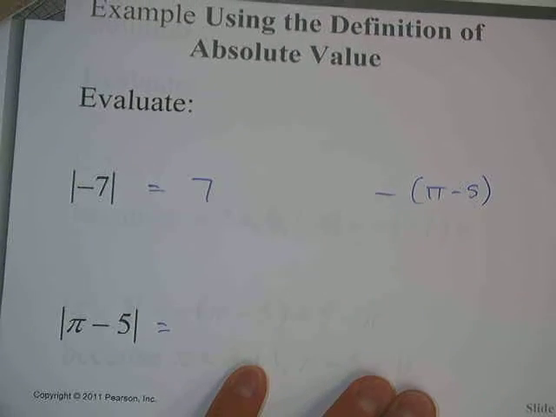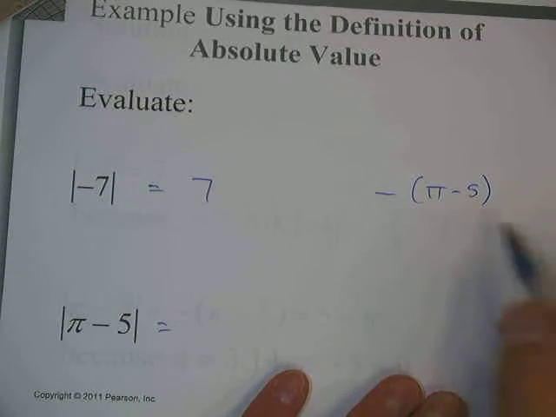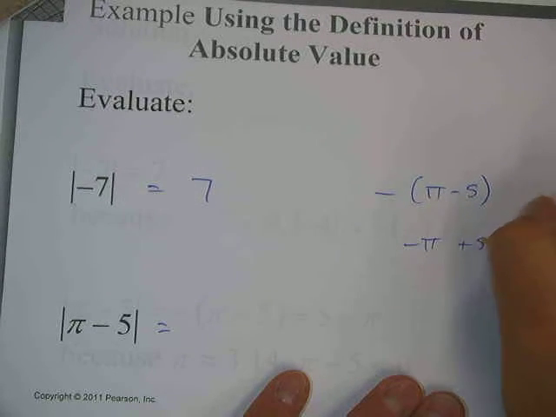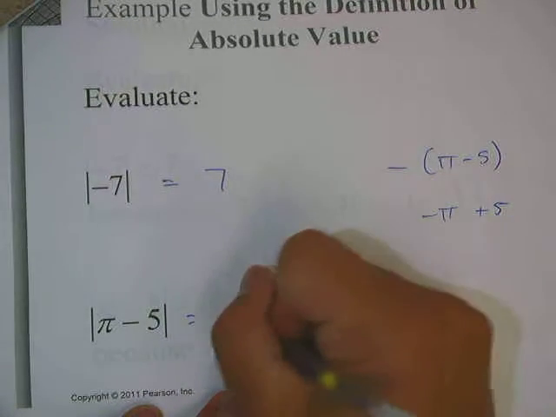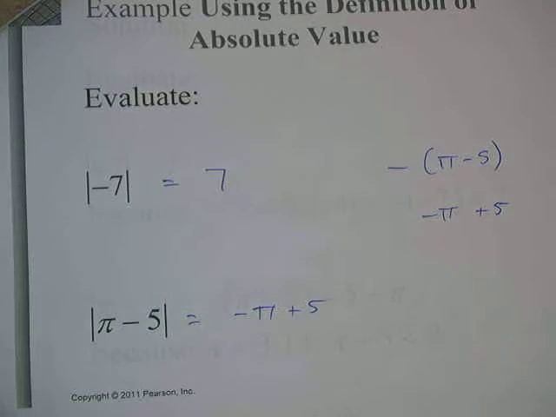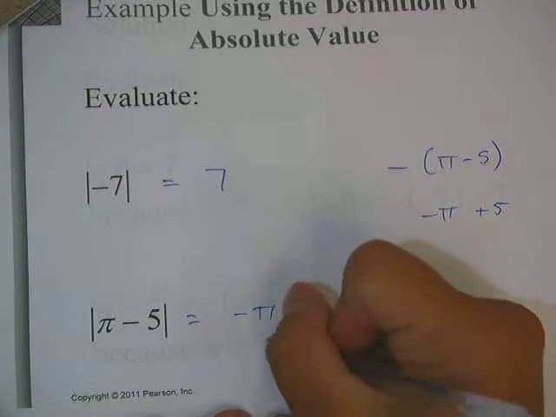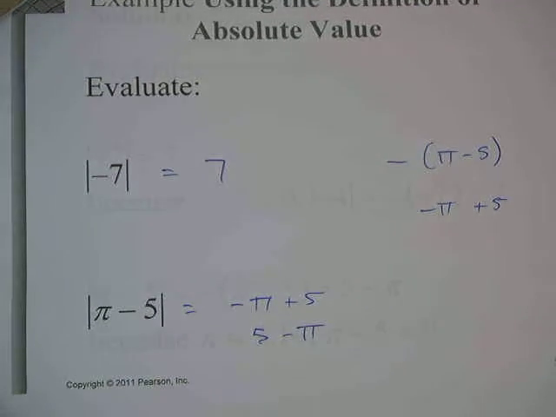If I had the opposite of this number, that would be negative pi plus 5, wouldn't it? So we could write that as negative pi plus 5, that would be one valid answer for this problem, or we could rewrite that as 5 minus pi. And the question is which one of those is right? Both. They're the same number, aren't they? If I did negative pi plus 5, that'd be the same as 5 minus pi, wouldn't it?